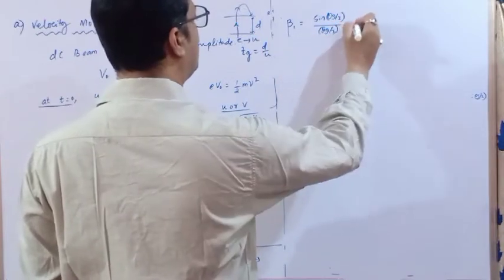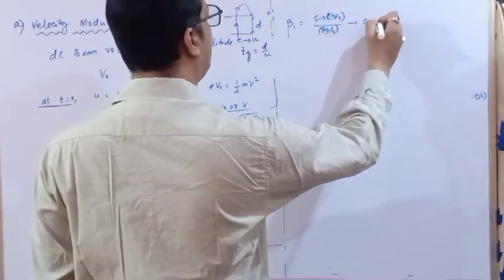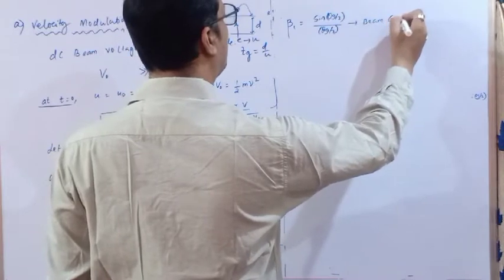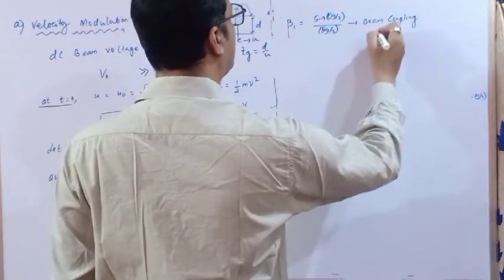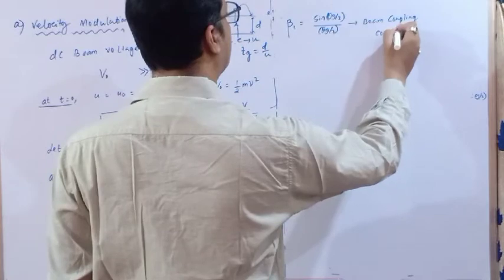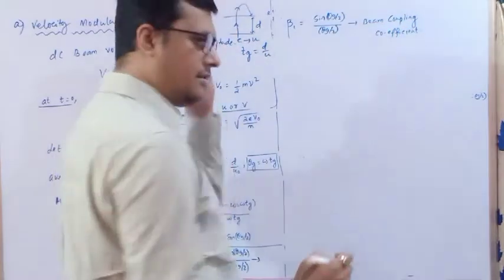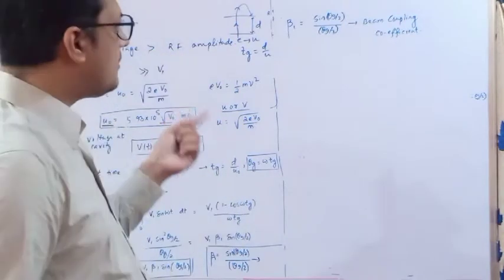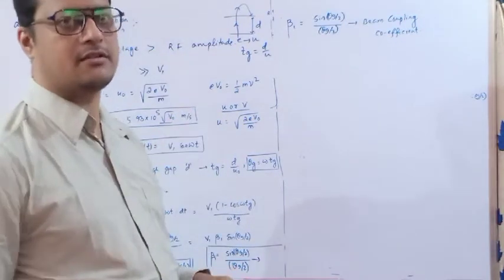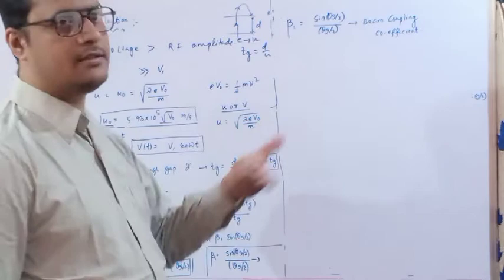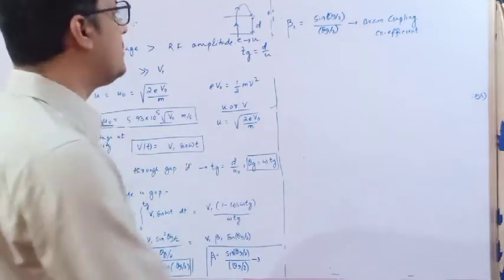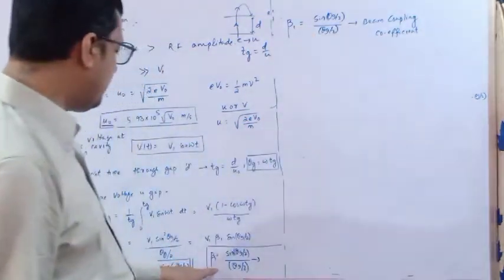Done. So this is called the beam coupling coefficient. Since it is a coefficient, it is a dimensionless quantity. It is a constant. Beta 1 is a constant, the beam coupling coefficient, which is a constant value. So this beta 1 I have substituted here.